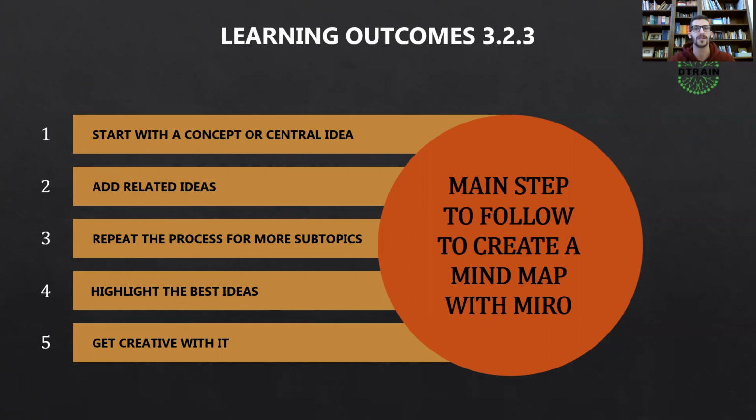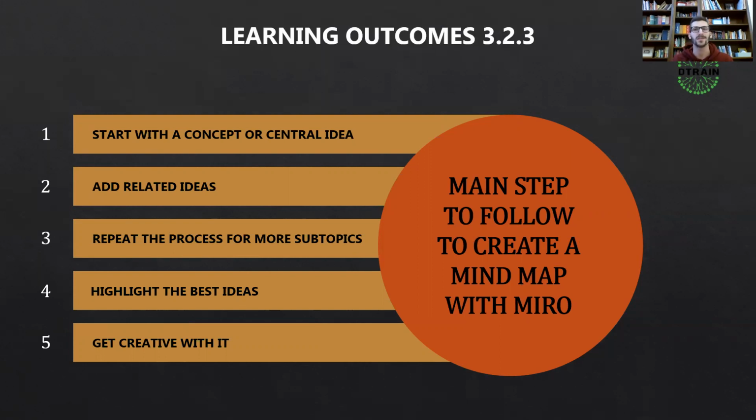around the central idea. Repeat the process for more subtopics. It also generates lower subtopics and connects them via branches and child nodes. Highlight the best ideas. Review your mind map and mark the ideas that resonate most with you and your team.